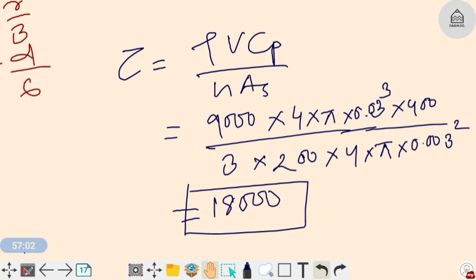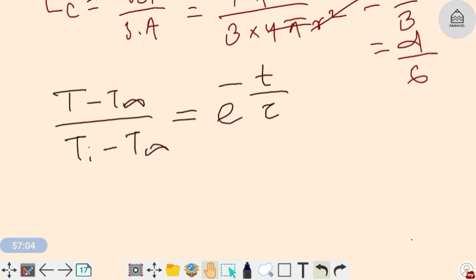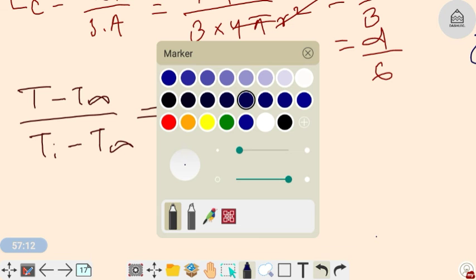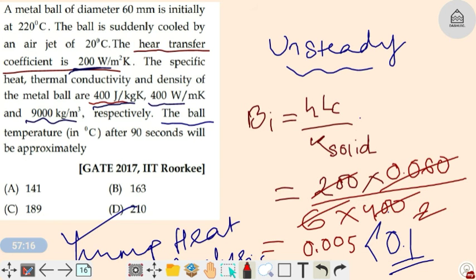I will use it here. This tau I have found out. So T I need to find out. What is given, what is asked in the question? The ball temperature after 90 seconds.